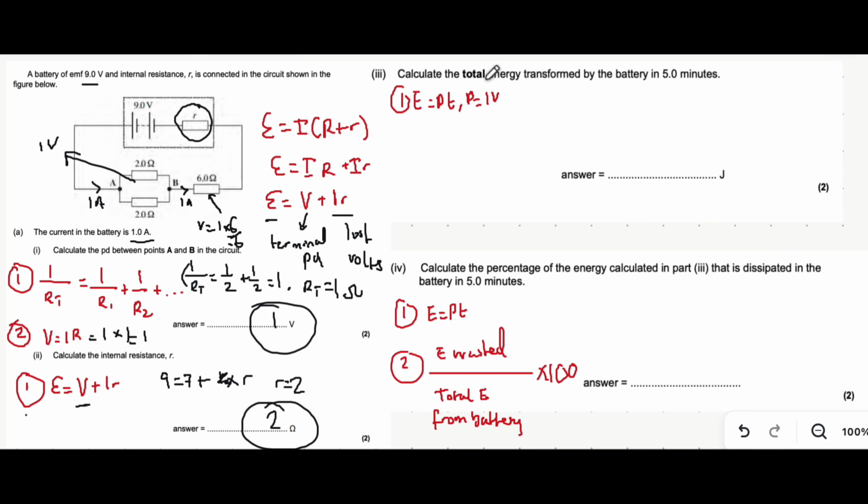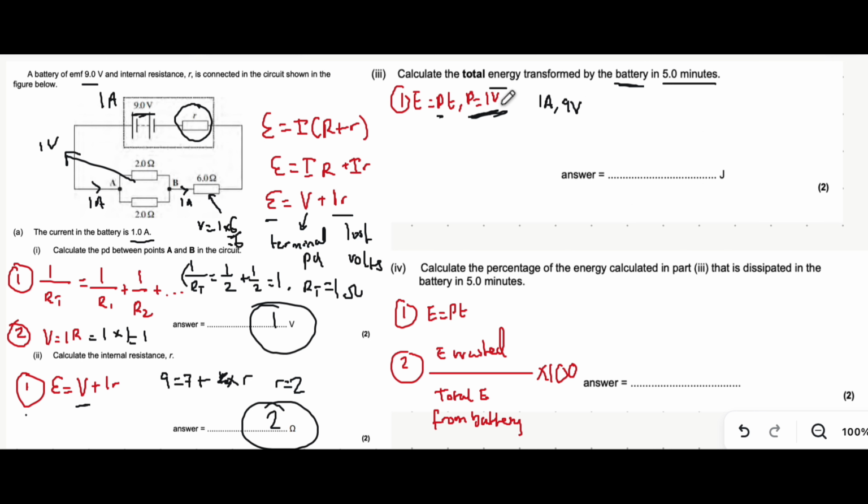So in part 3, it's asking for the power transformed by the battery, and it's giving you a time. Oh, sorry, for the energy transformed. So we first need the power in the battery. Power is current multiplied by voltage. We know that the current flowing through the battery is 1 amp. We also know that the voltage in the battery is just the EMF, it's 9 volts.